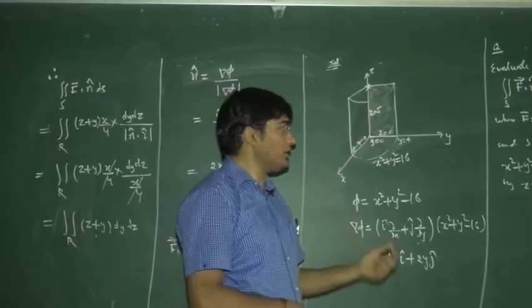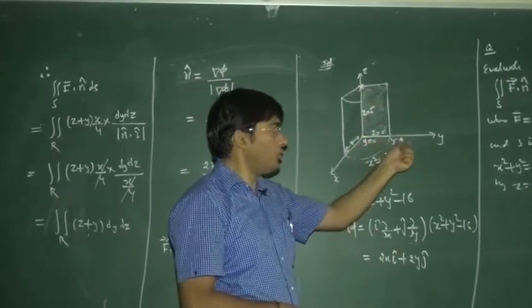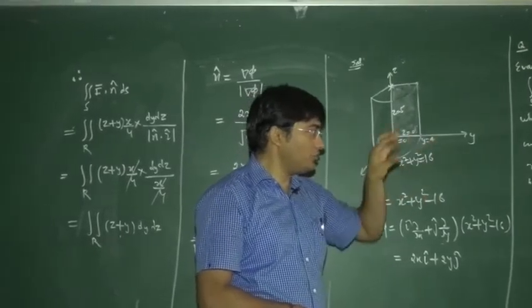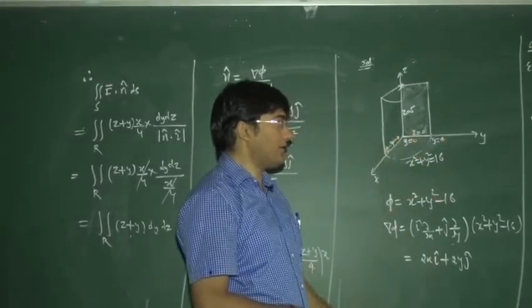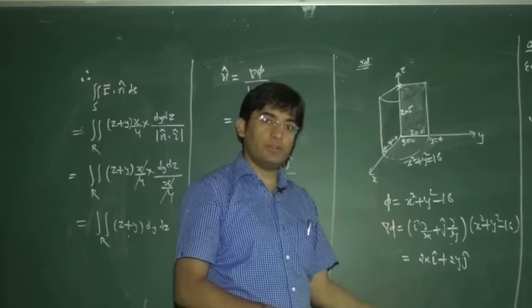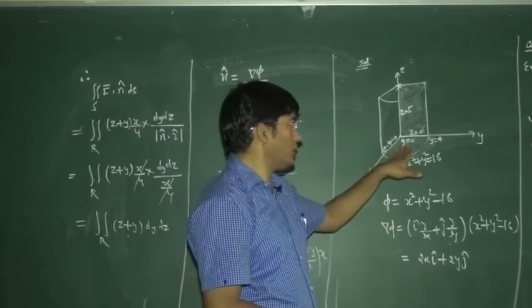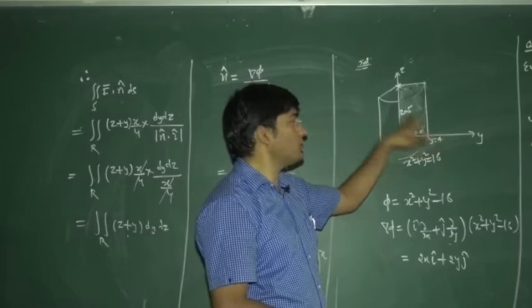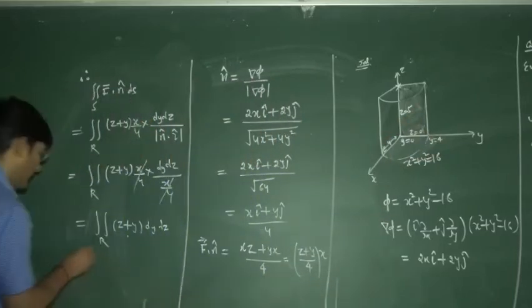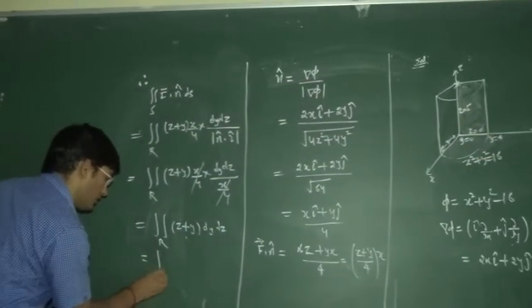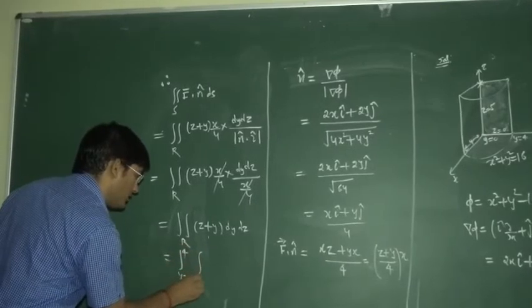As we have to calculate this double integral in the first octant, for that your y will be from 0 to 4 and your z will be from 0 to 5.